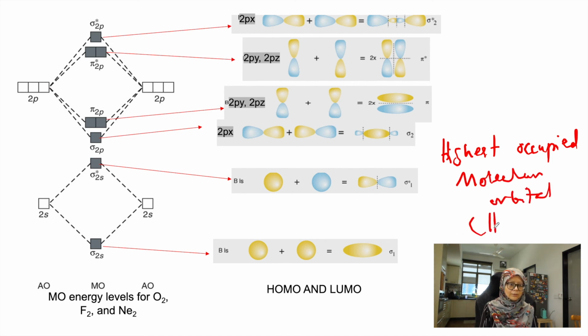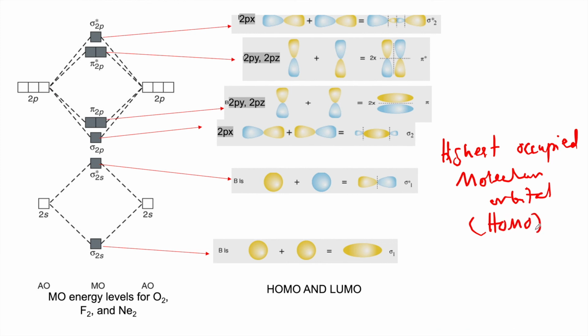This is a HOMO, where you need to find the highest energy orbital with a minimum of 1 electron in this molecular orbital. That one can be considered as HOMO.